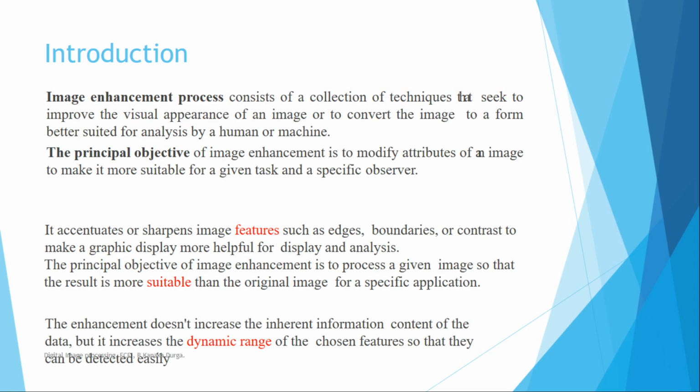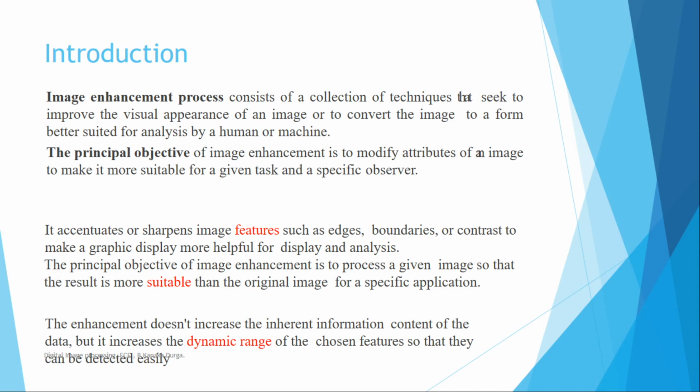So what is meant by the image enhancement process is a collection of techniques used in order to improve the quality of the image for better visual appearance, either for a human being or for a machine. So why do we have to go for image enhancement?